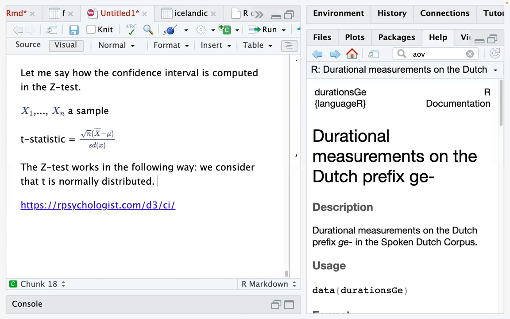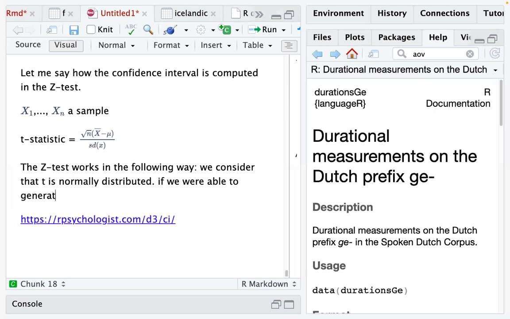Taking a frequentist approach, if we were able to generate many t's, we would see something like this.